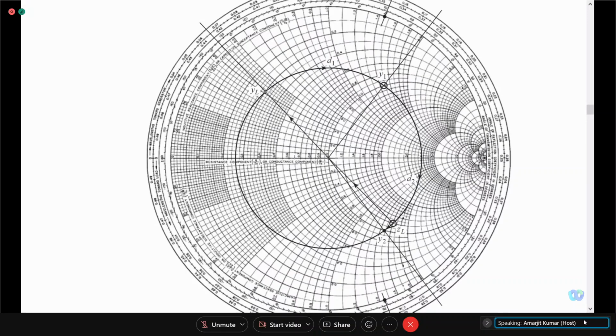So now what we have to do? The position of the stub we have to calculate. For finding the position of the stub, what we did? From the load we traveled a distance d to a point where Y naught is equal to the real part of the transformed admittance.